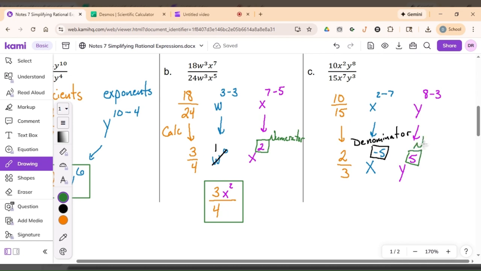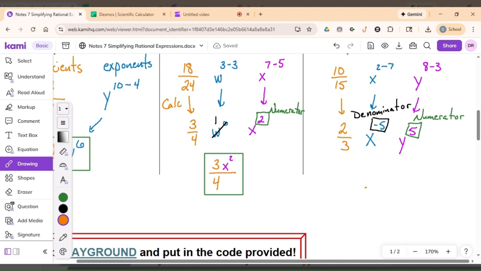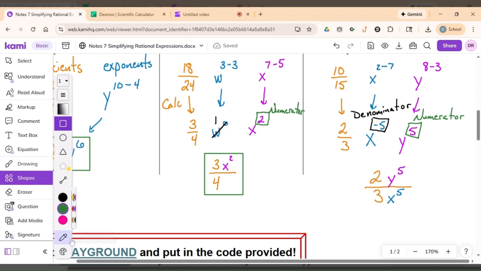It's going to the numerator, like we already saw. So we end with all of that in one. Our final result, reduced format, has 2 over 3. And then our x has been moved to the bottom of this fraction. So when we do that, that x turns positive, but the y is already positive, so it remains in the top of the fraction, our numerator.